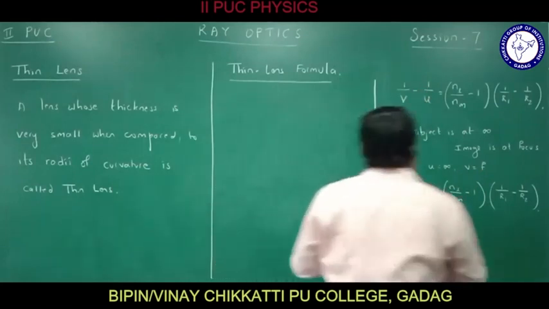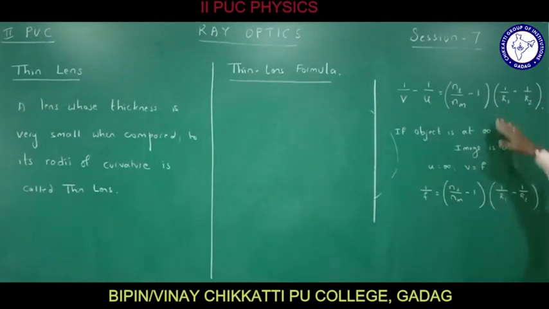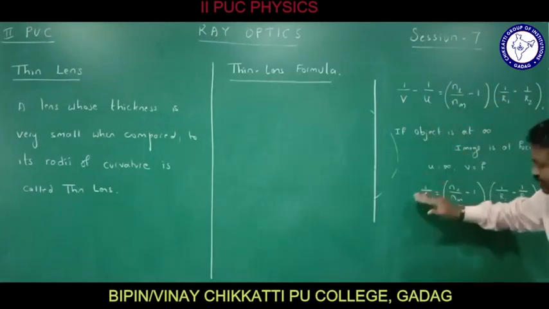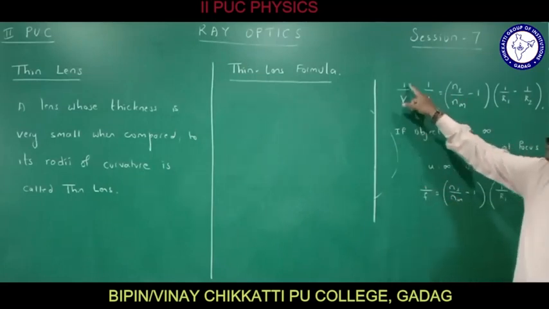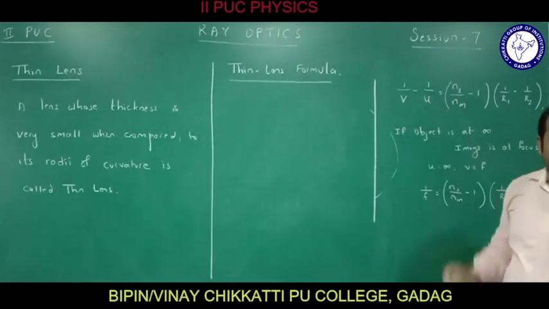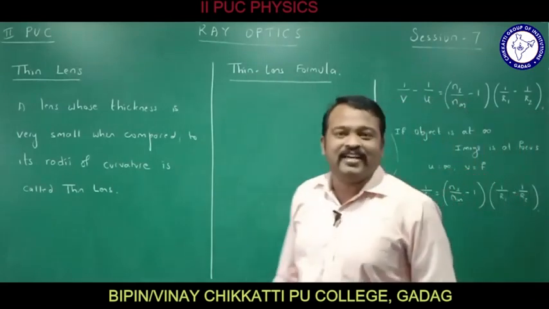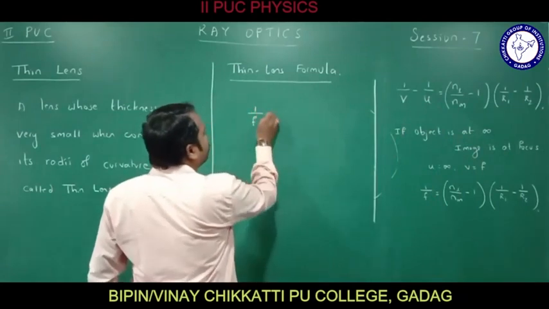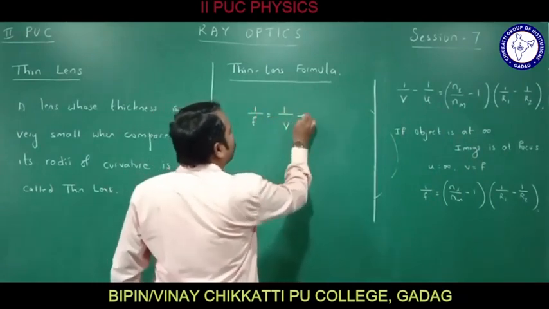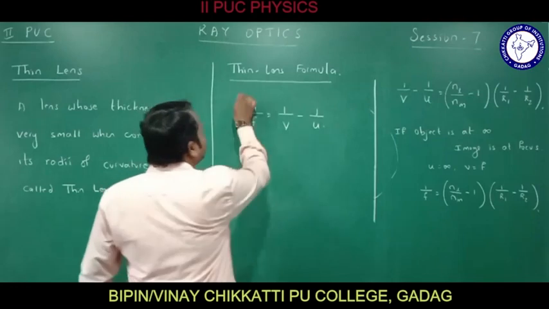If I check these two equations, both the right hand sides are the same, so the left hand sides must be the same. Then I can say 1 by f is equal to 1 by v minus 1 by u, and this equation is called the thin lens formula.